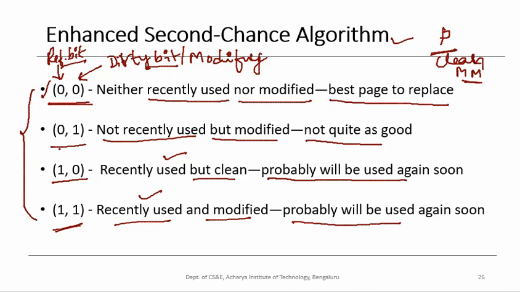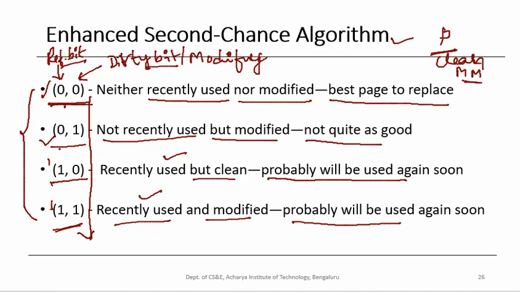If we don't find any page with this combination, then we go for the 0 and 1 combination, and so on. So we will have to scan through the entire circular list to find a good combination for selecting a victim page.